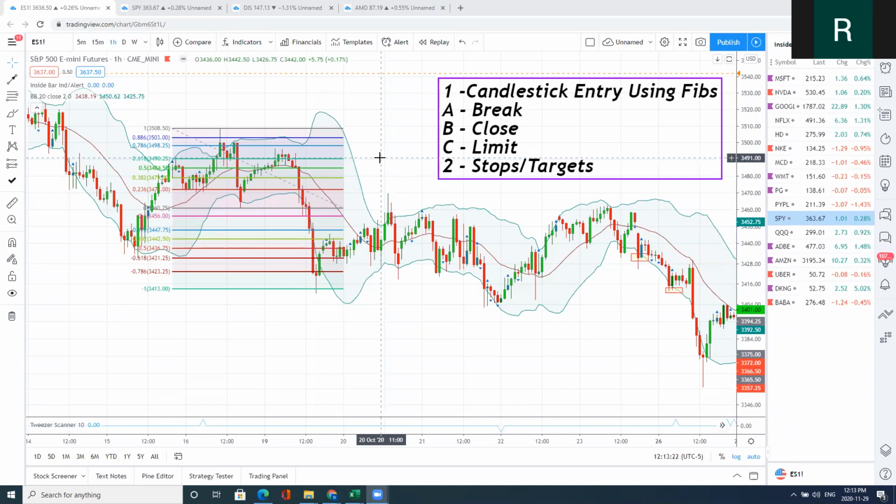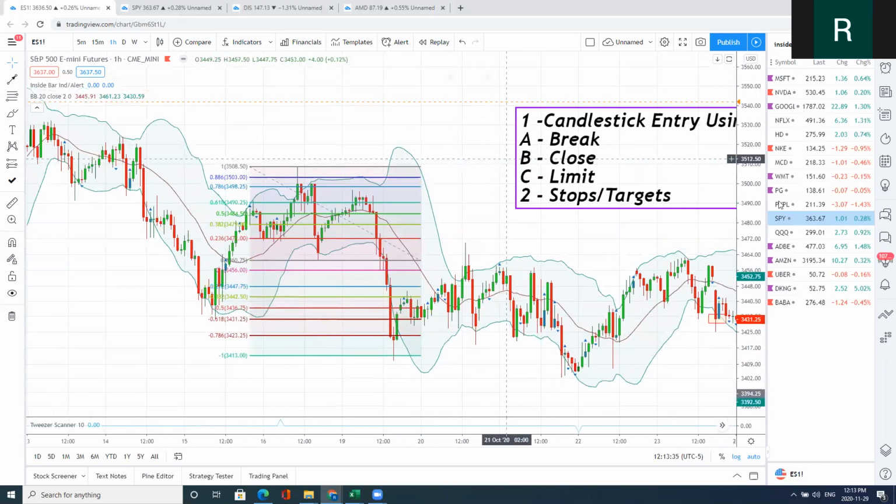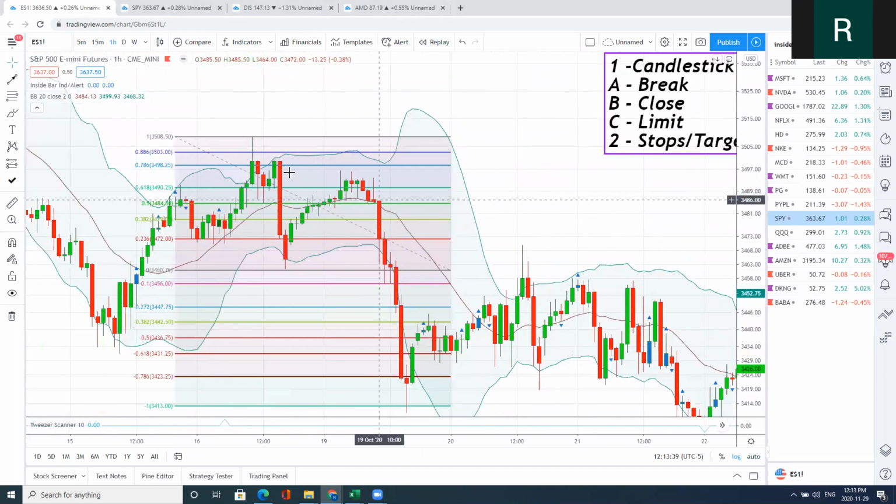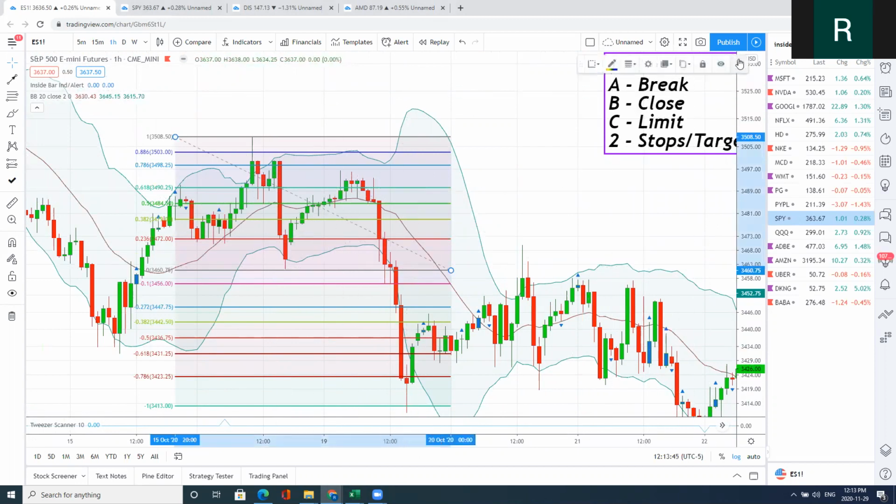Okay. So what I'm going to do is walk you through a whole bunch of examples across different instruments. So let's look at the ES with this setup first. We know that we had an impulsive leg down and we have a retracement here, and I'm going to draw it for you guys.